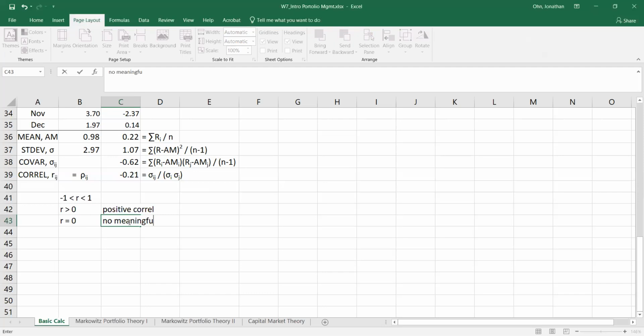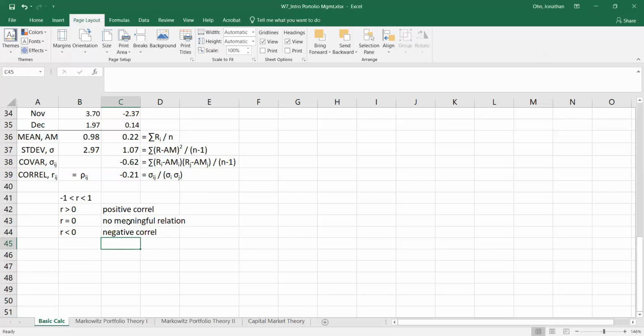If R is negative, it is a negative correlation. That means these two tend to move in the opposite direction.